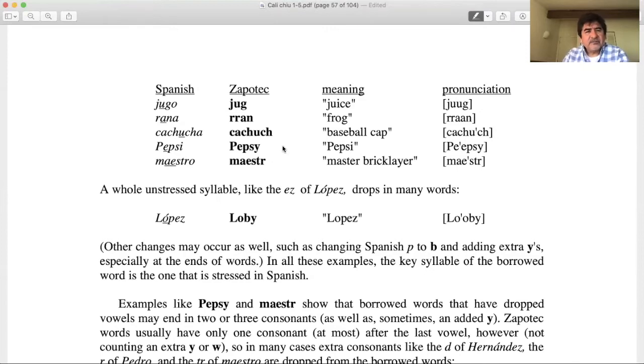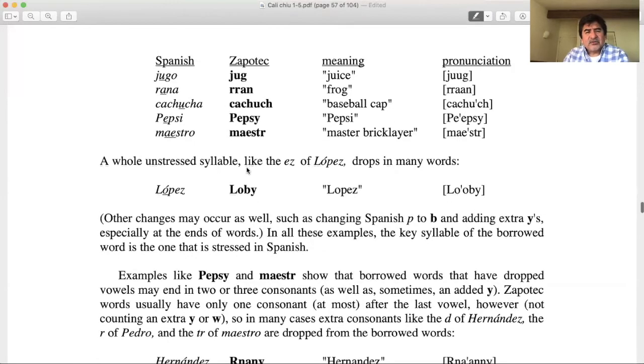So here we go. Hook, run, cachuch, babes, master. Master comes from maestro, but it's only used for master bricklayer. So we have another word for teacher, which in Spanish is also maestro.